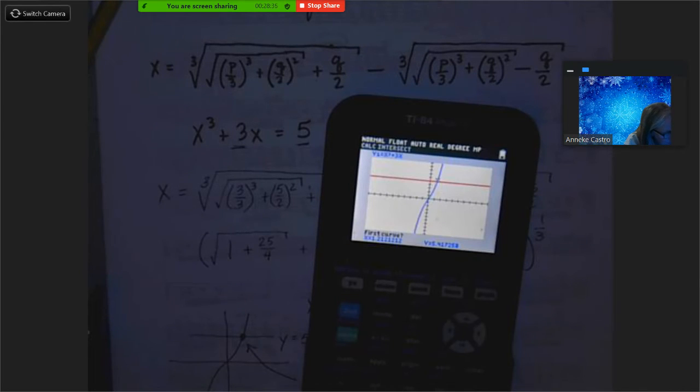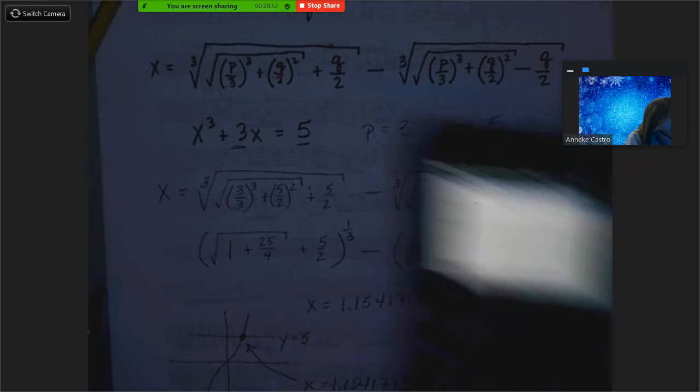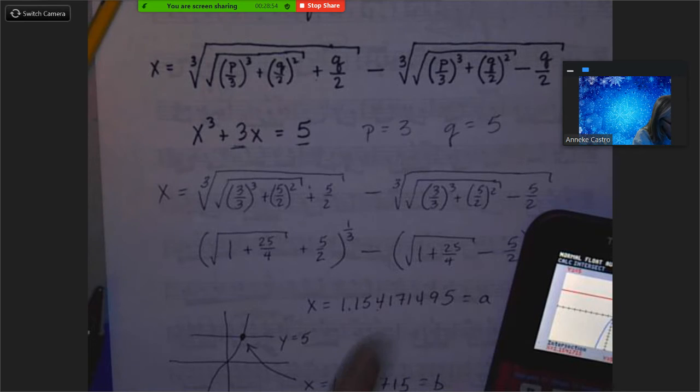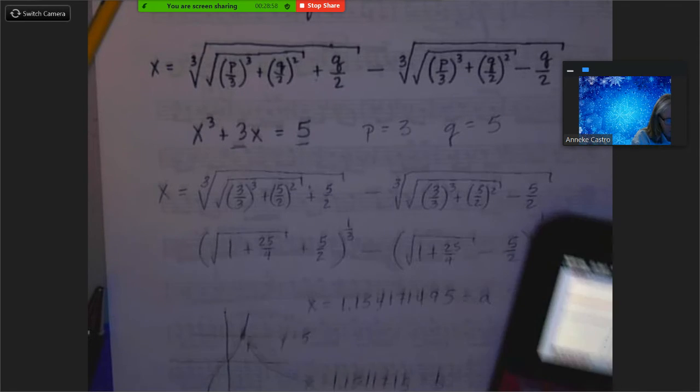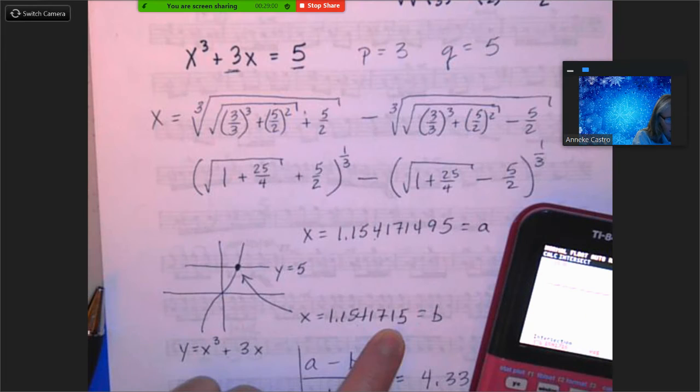And it asked me, what's the first curve? And I said the blue one. And then the second curve is the red one. Hit enter, and enter again. And then it told me that it believes the answer is x equals 1.1541715. Whoa, pretty much the same thing as this, except instead of 495, it just ends with a 5 there instead.